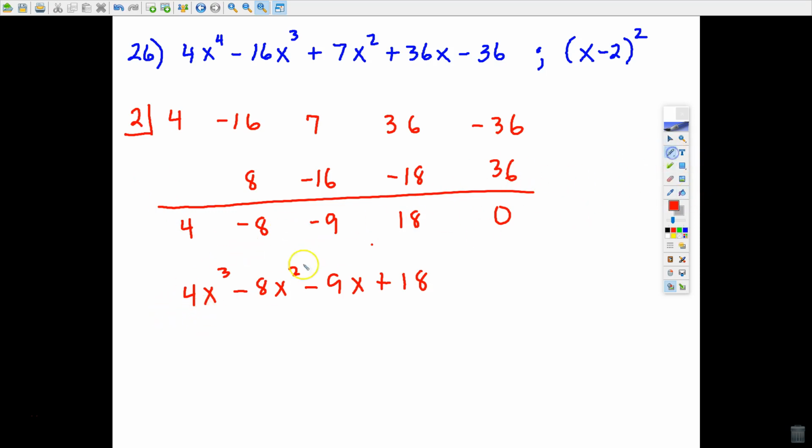So in this first group of two, do you notice that we can factor out 4x squared? And when we do, we would get x minus 2.